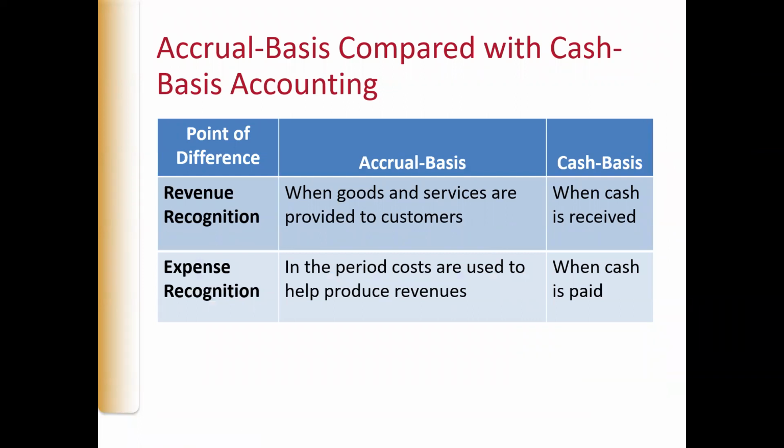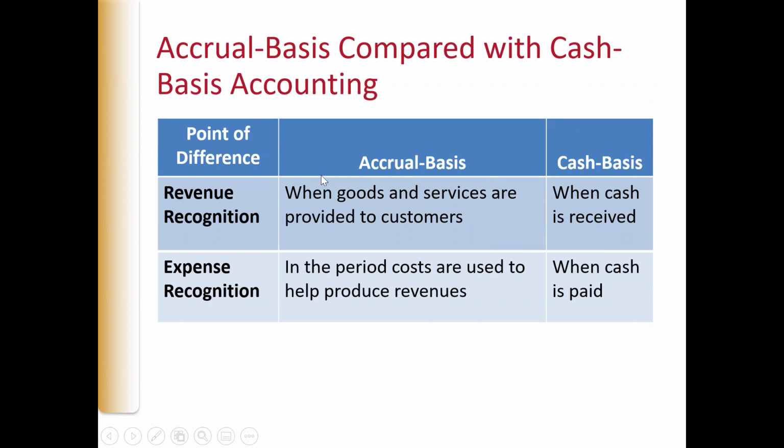For expenses, the accrual basis records the expense only in the period the costs are used to help make those revenues. But under the cash basis of accounting, we record those transactions when we actually pay the cash. Do you see the difference?